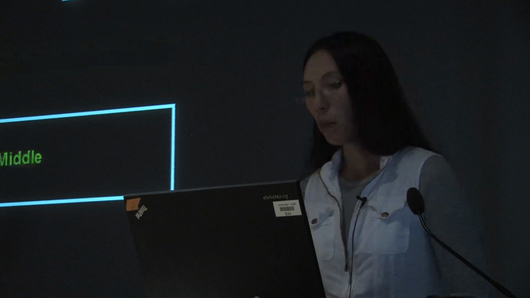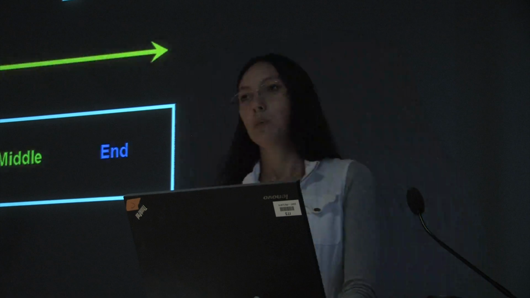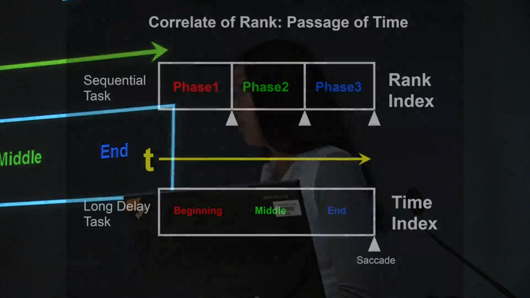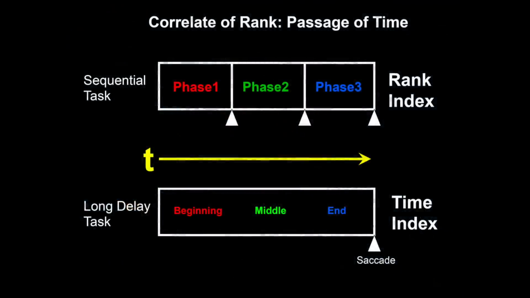Actually, we weren't surprised in particular, because there has been previous work, most notably from a lab at Stanford under the direction of Bill Newsome, who has done monkey research for years. They were studying neuronal activity in the area MT. This area is thought to underlie the ability to appreciate motion in different directions.